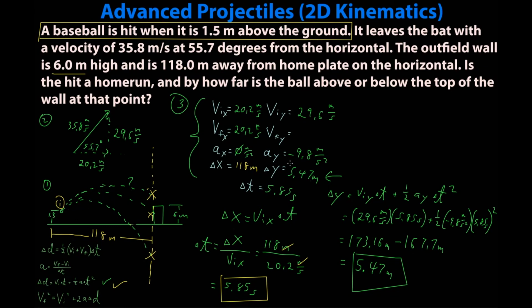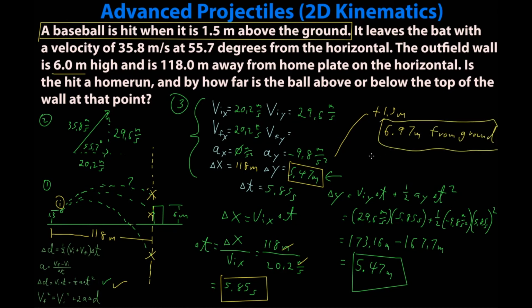So in other words, this delta y is above where it was hit, not the ground level itself, which means if I add the 1.5 meters, I get 6.97 meters from the ground, which means he makes it by 0.97 meters. It is barely a home run. He made it by 1 meter.